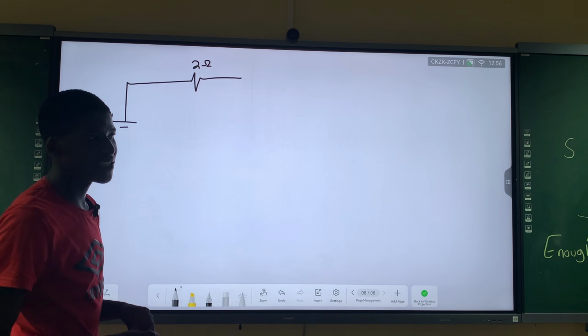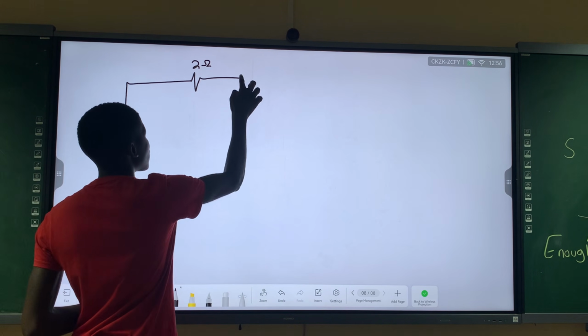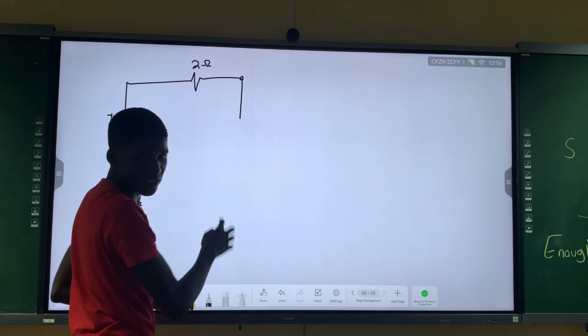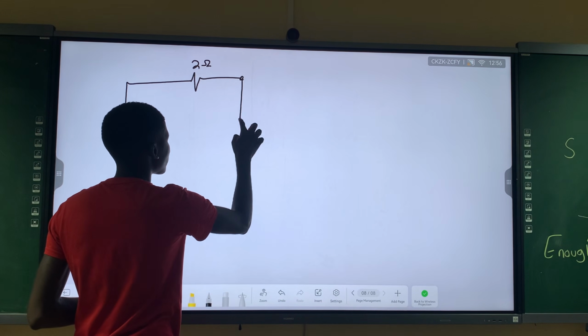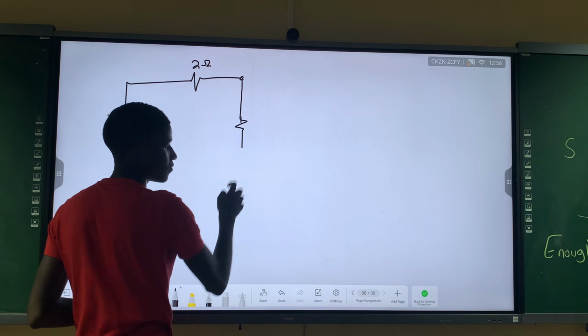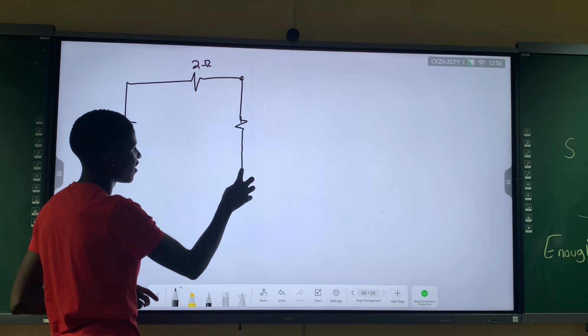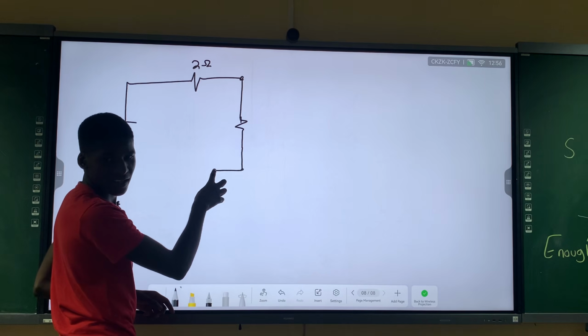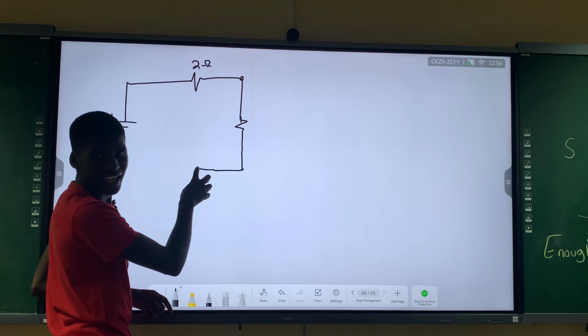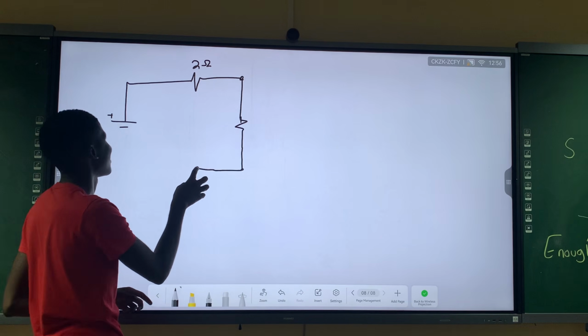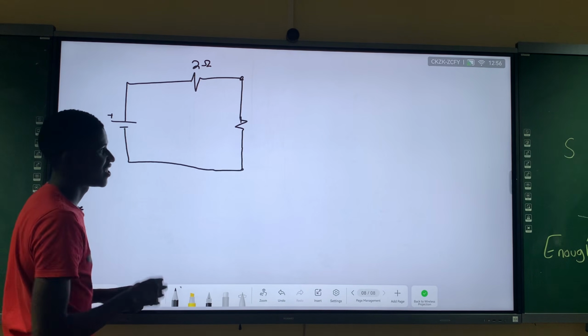a 2 ohms resistor, a node, and you know.